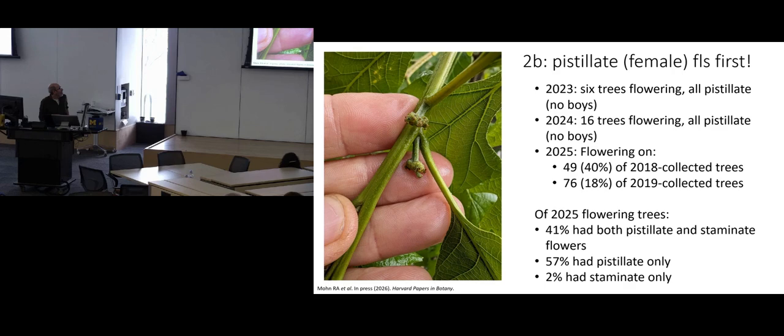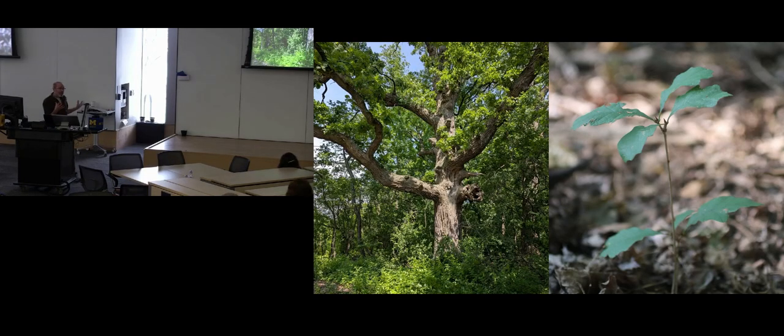And in 2025, we had flowering on quite a number of the trees. Only 2% of them were staminate only. The rest were pistillate and staminate or pistillate only. Why should this be? One hypothesis Rebecca's raised is that it actually may be advantageous for a small tree to produce pistillate flowers only if it's wind pollinated.